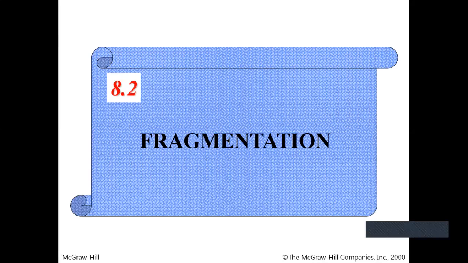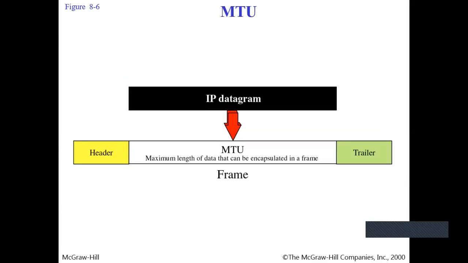Now come to the fragmentation portion of IPv4. As we discussed earlier, every network standard has its minimum transmission unit and maximum transfer unit. The minimum is 46 bytes in the case of Ethernet and the maximum transfer unit is 1500 bytes.